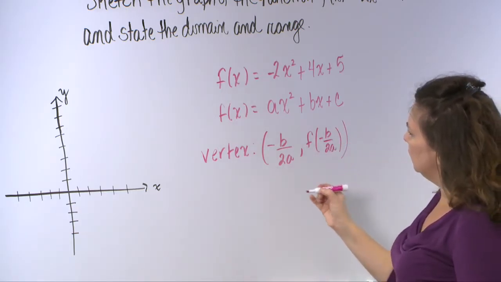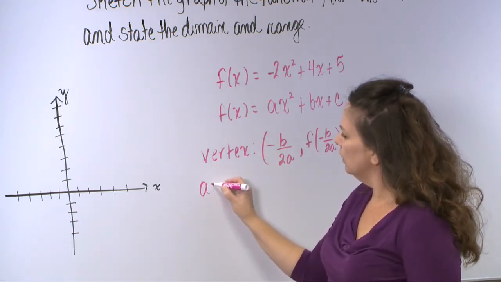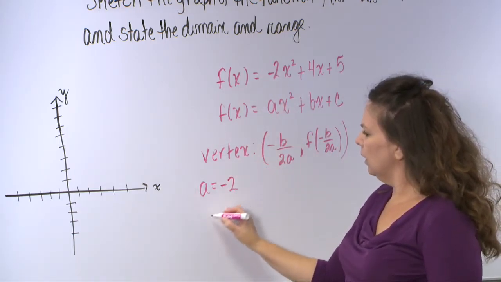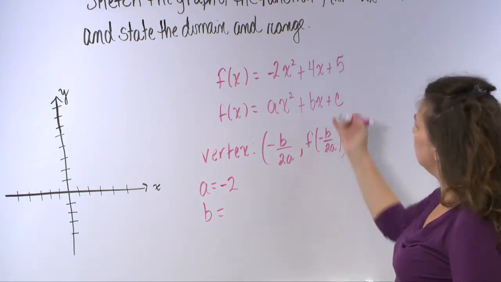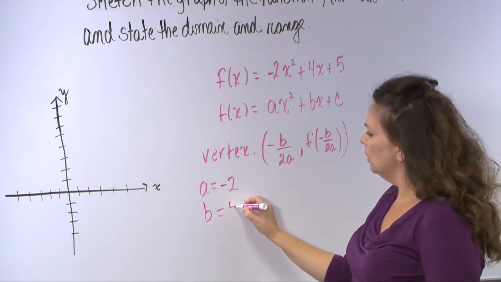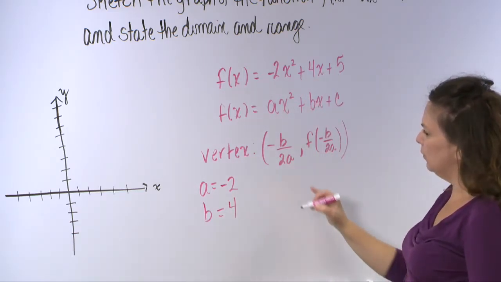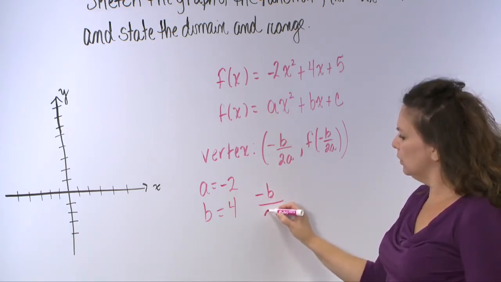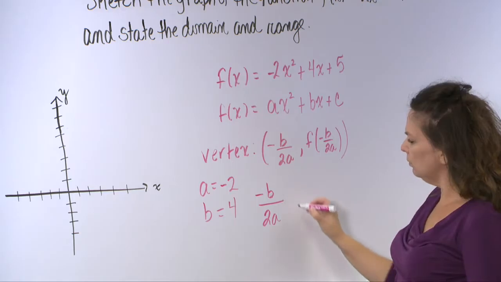So in the case of this function here, we have a is equal to negative 2, and b is equal to 4. So I'm going to focus here on the minus b over 2a.